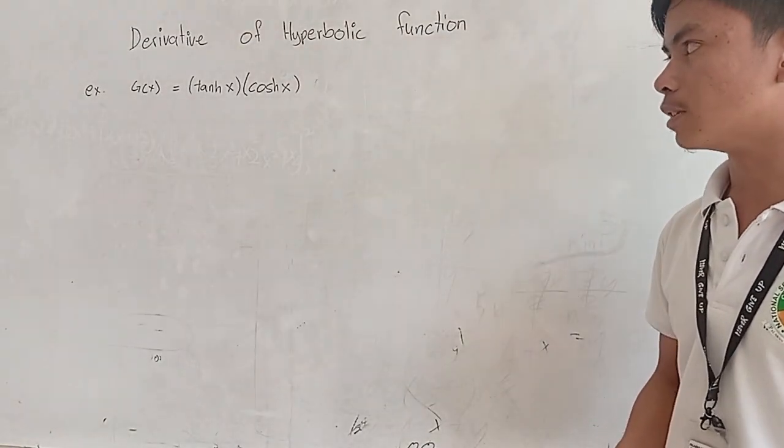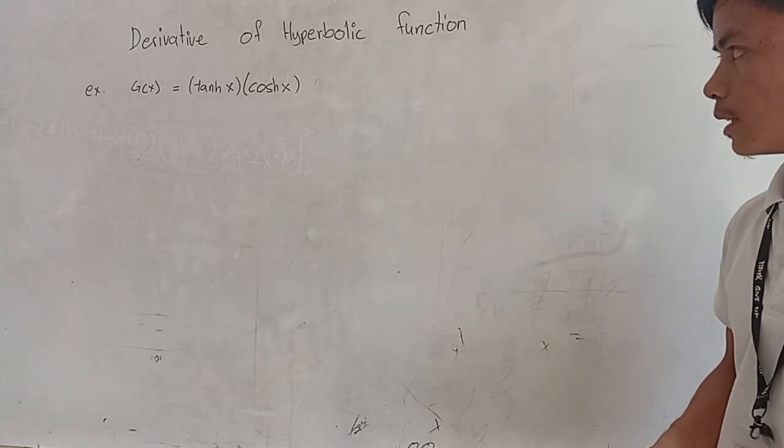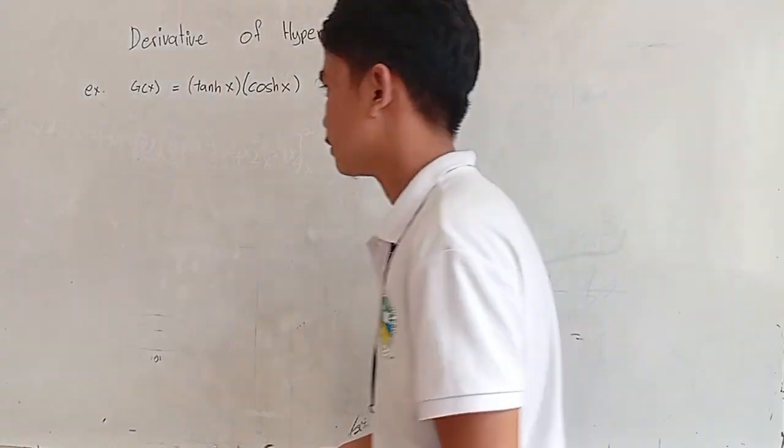We have y is equal to hyperbolic tangent x times hyperbolic cosine x.